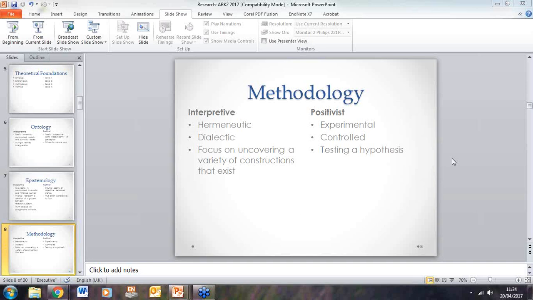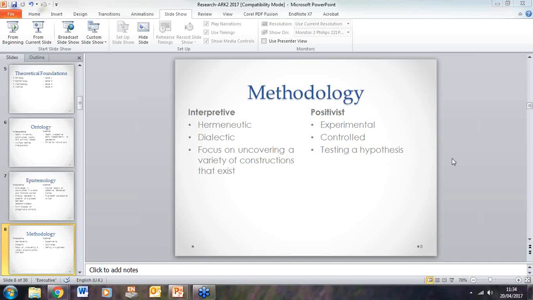Because remember, your measure of quality in a piece of quantitative research is different from your measure of quality in a piece of qualitative research. And we'll talk about that a lot more tomorrow when we talk about your research proposal, so how you measure quality in each.